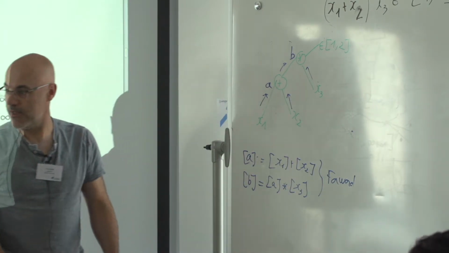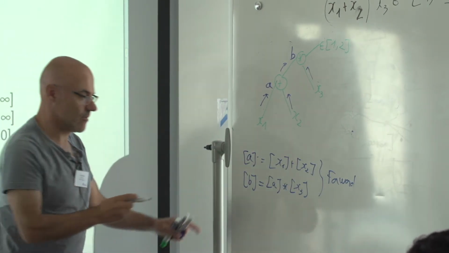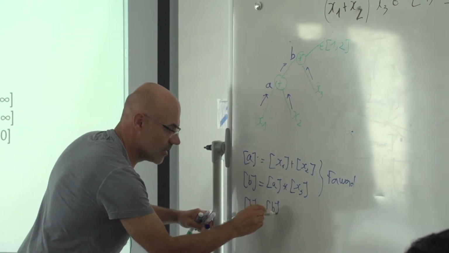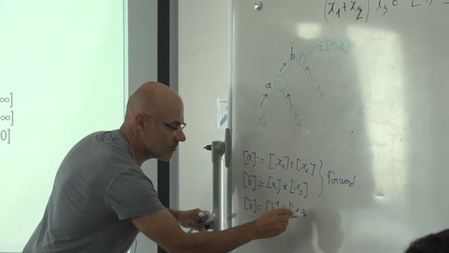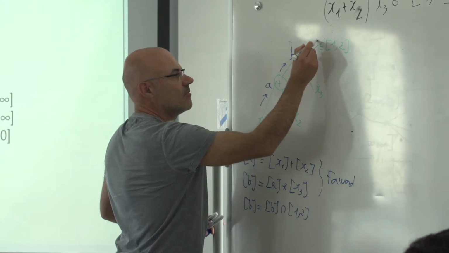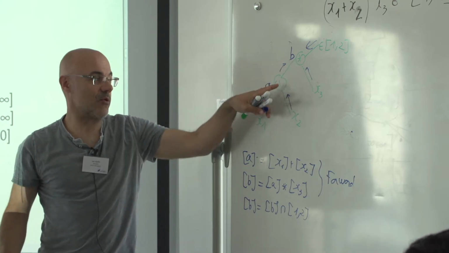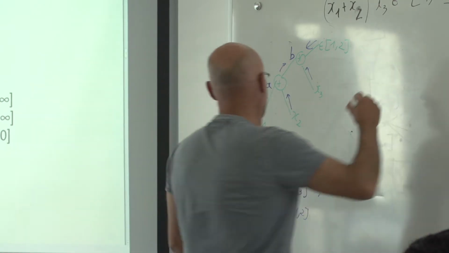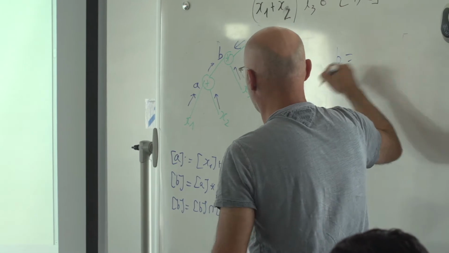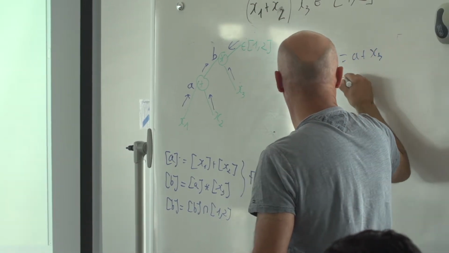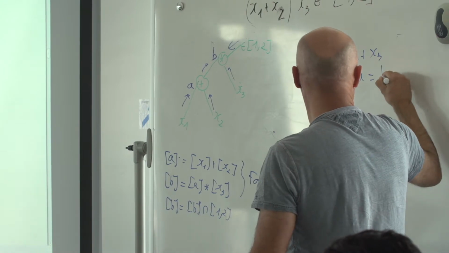Okay? Now I will do a backward propagation. B equal B intersected with [1, 2]. Okay. Now I will propagate downward. I know that B equals A plus x3, so A equals B minus x3.